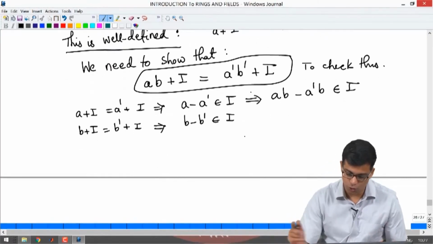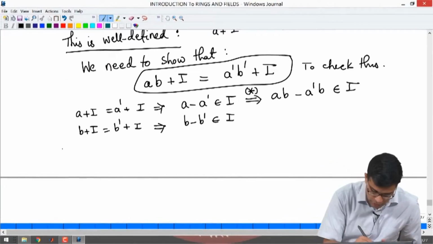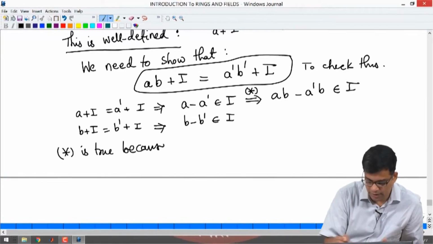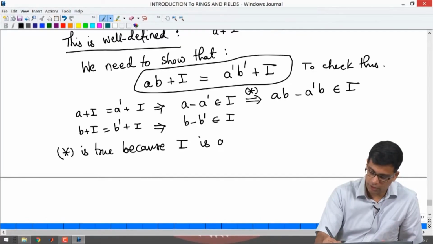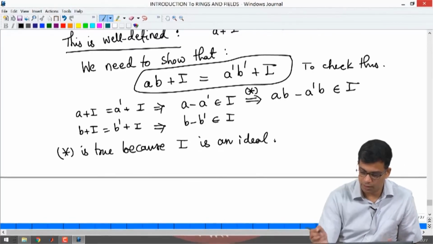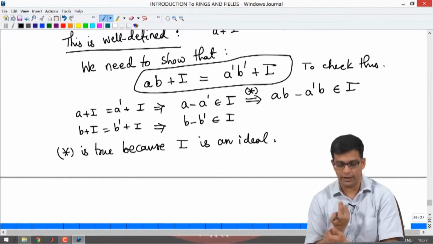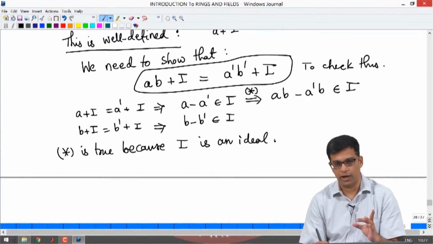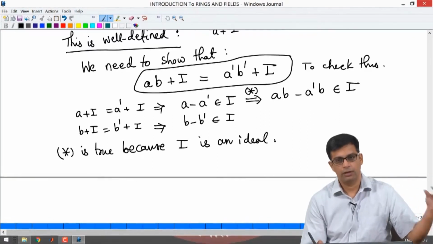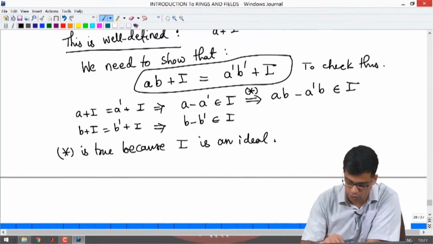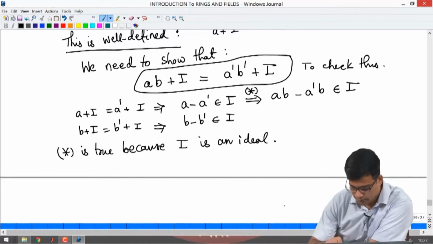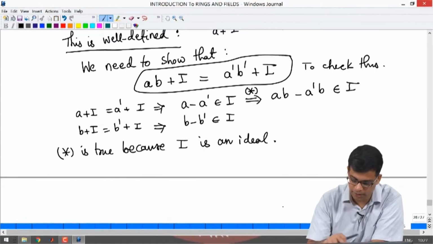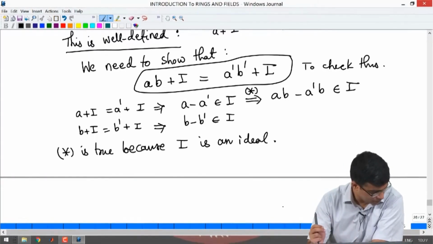This implication is true, let us say star is true, because here we will need the additional property of an ideal. It is not merely a subgroup. It has the property that you take an element of I, multiply by any ring element, and it lands again in I. That property is used here. a minus a prime is in I, b is an arbitrary ring element, I multiply by that. So, ab minus a prime b is in I.